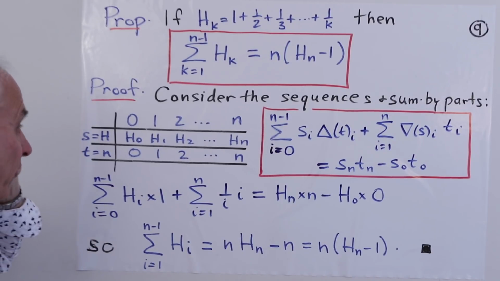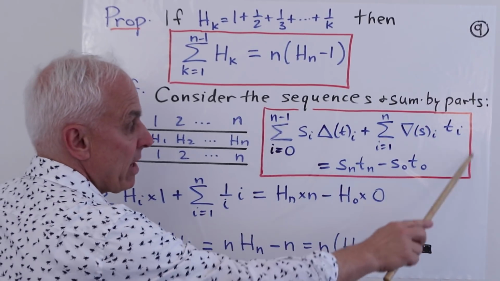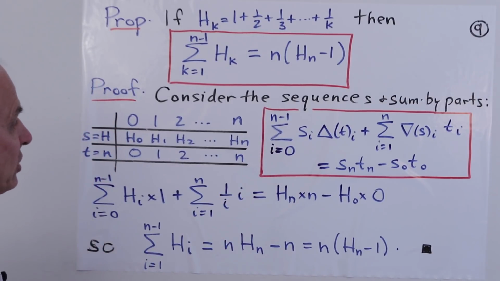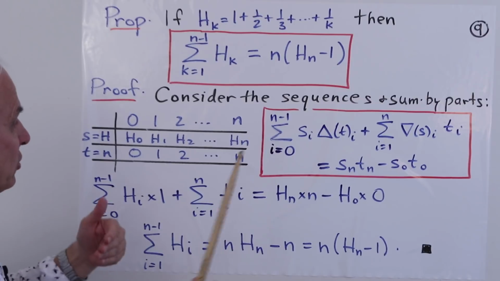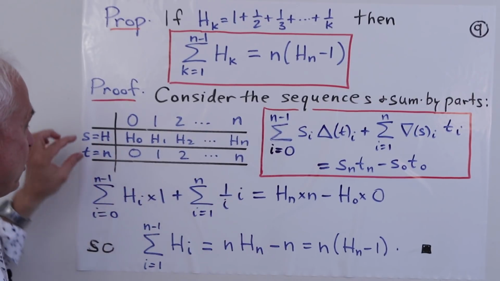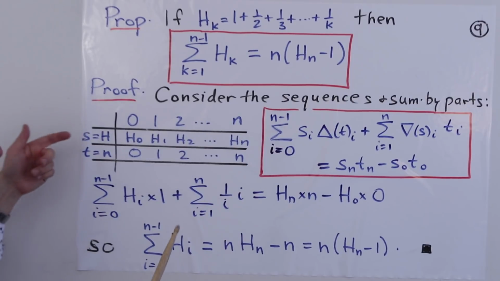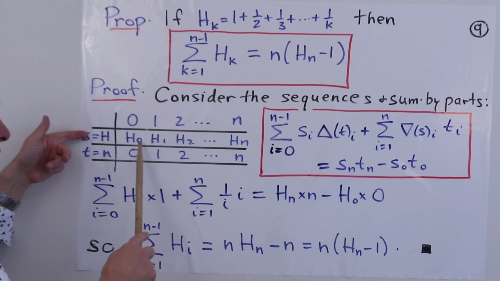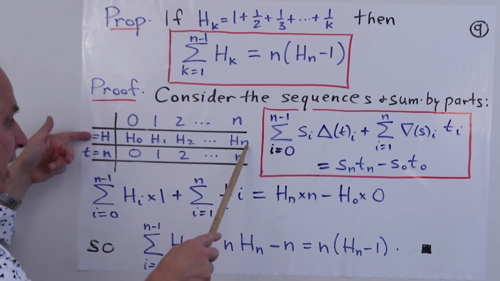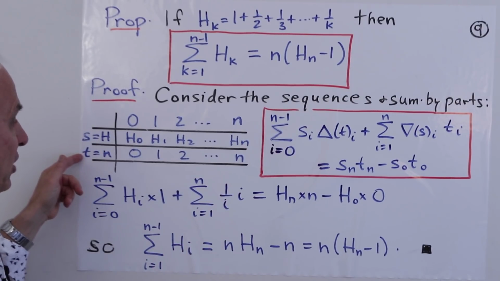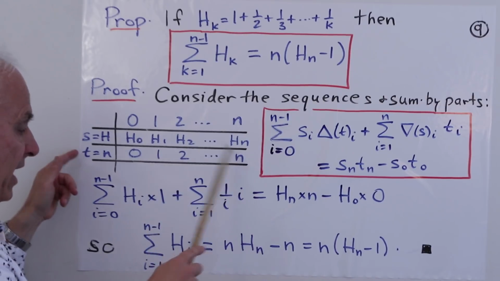Okay, so to prove this, we're going to use the summation by parts formula, and I've repeated it there, but in the special case where the interval is from 0 to n. The two sequences we're going to look at are, first, the harmonic numbers, h0, h1, h2 up to hn, and then the second sequence is just the integers, 0, 1, 2 up to n.